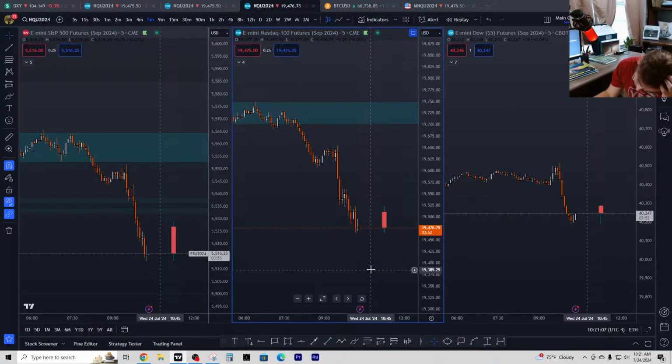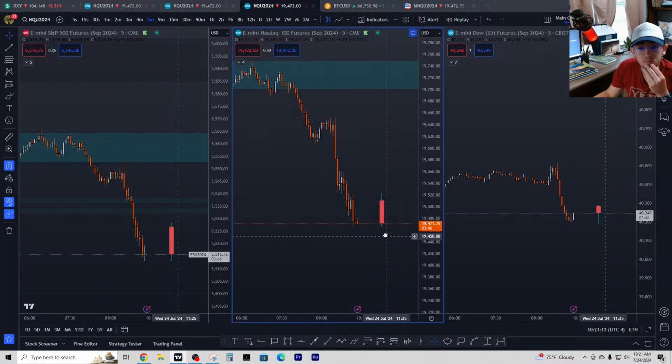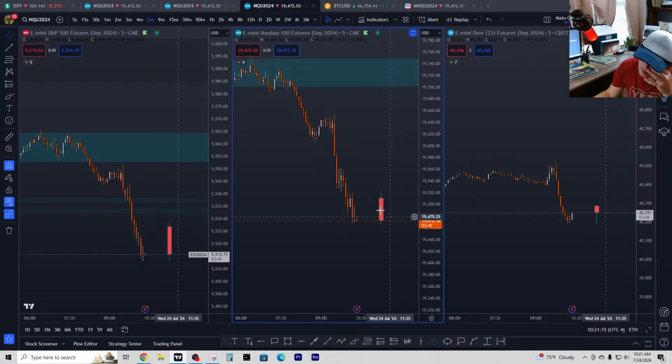I mean, 5 minute looks like shit for longs. But if it closes bullish, that might be the only move, because we might just consolidate here.